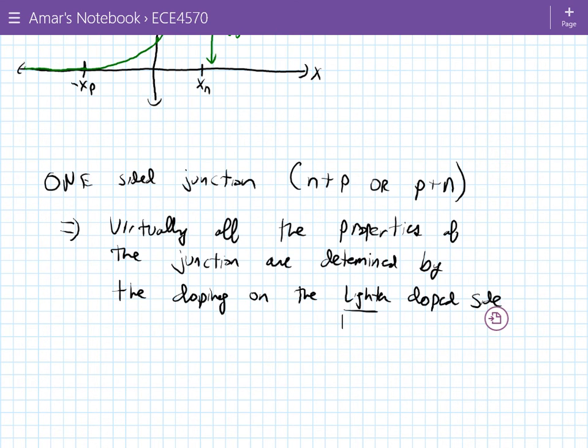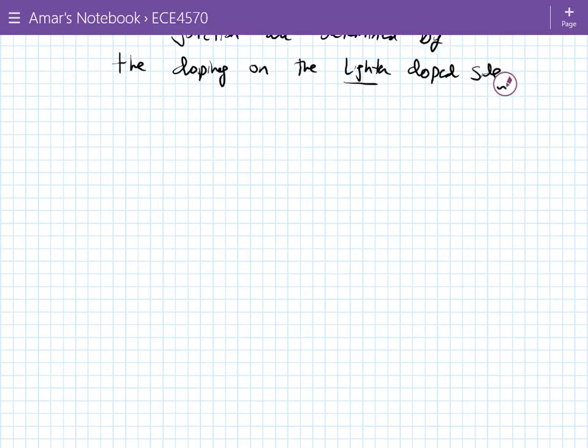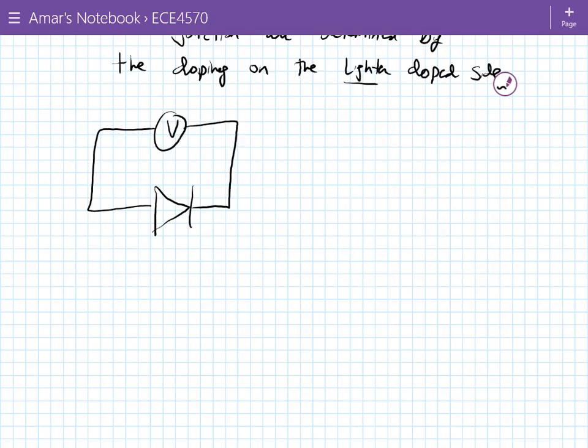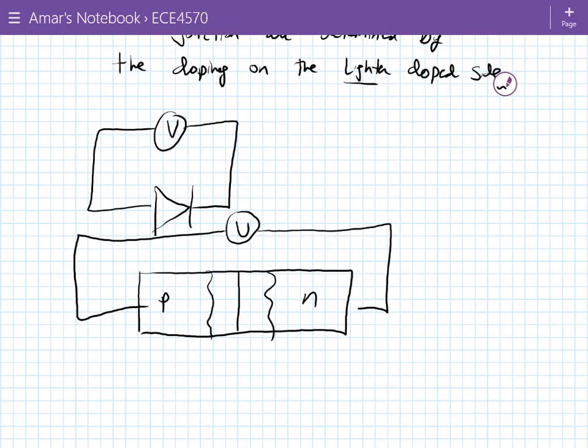So this analysis basically has to do with, you have a diode like this, and we just apply a voltage to the diode. So we can redraw this diagram since now we know what's inside of a diode. There's going to be a depletion region here, a depletion region here, and what we're doing is we are applying a voltage between the two sides of the diode.